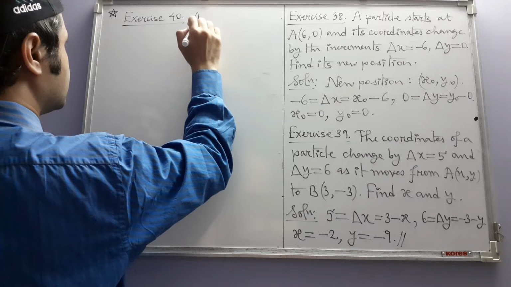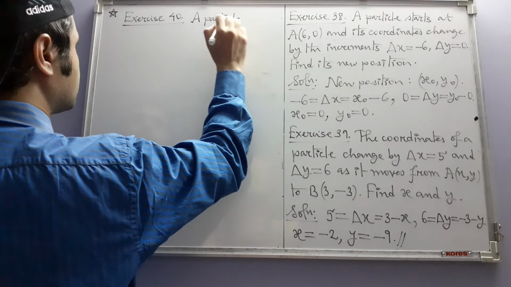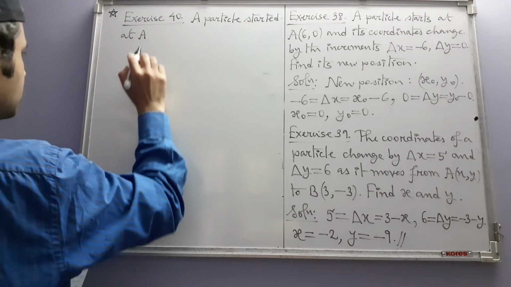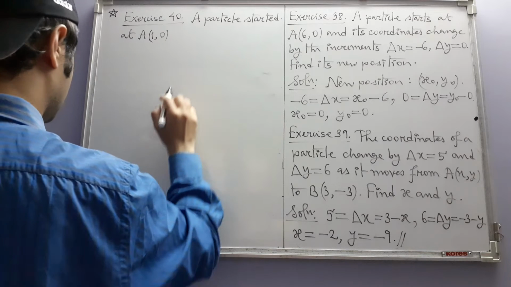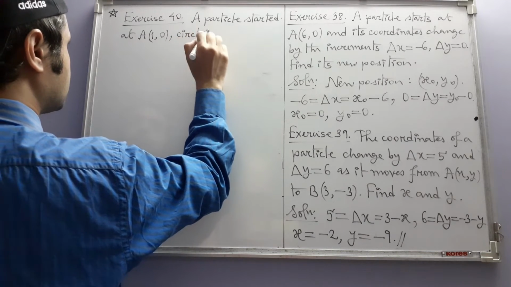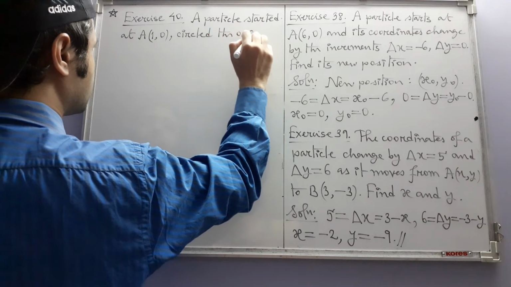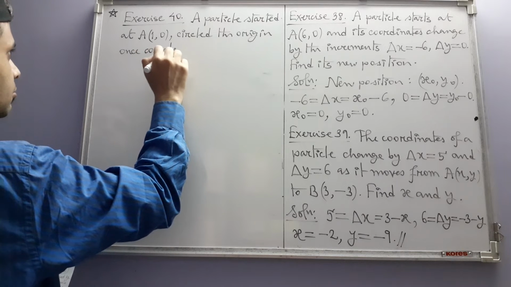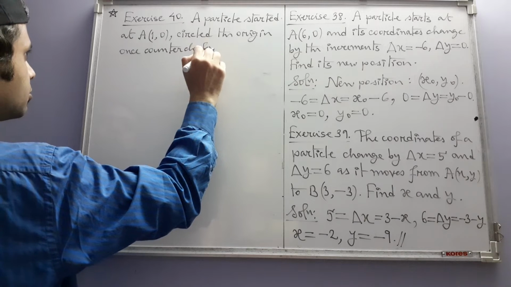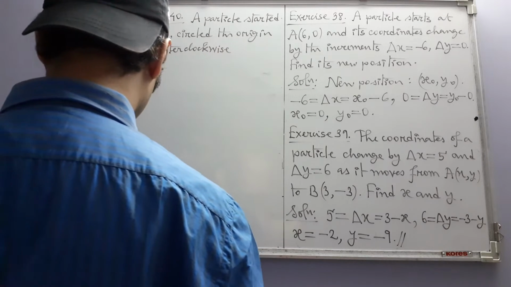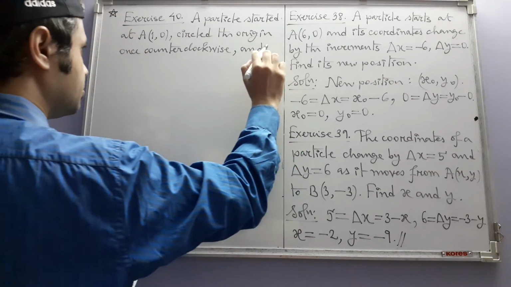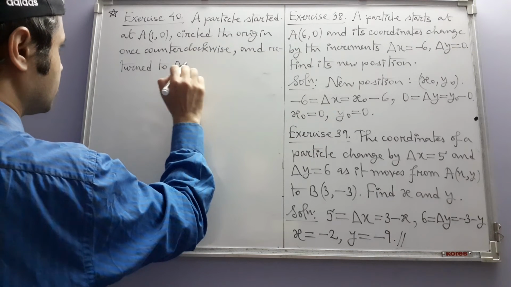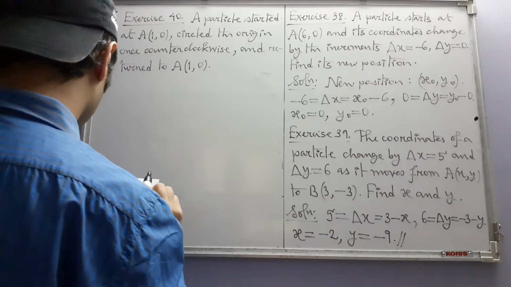A particle started at A 1, 0, circled the origin once counterclockwise, and returned to that same point, A 1, 0.